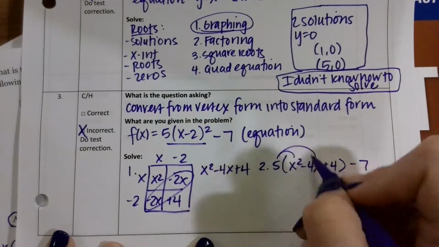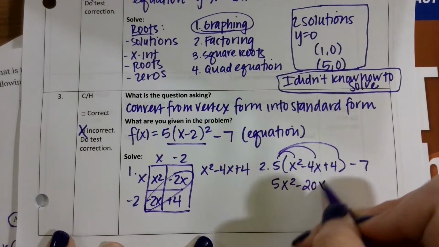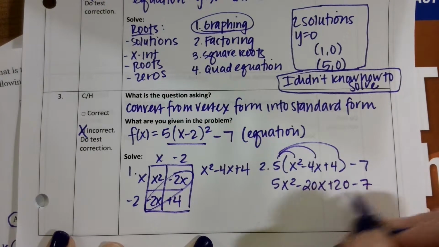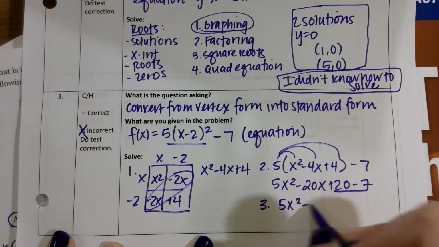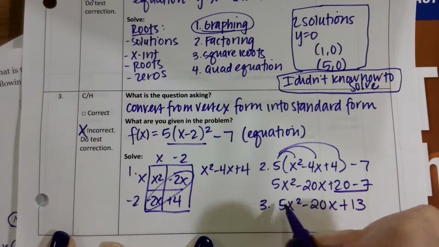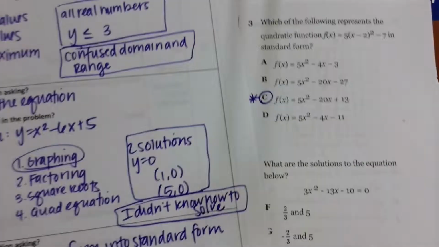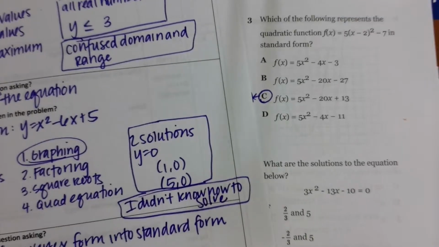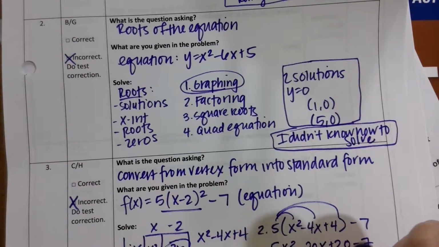What's my second step? Distribute that 5. 5x squared minus 20x plus 20 minus 7. Third step, CLT. 5x squared minus 20x plus 13 should be my answer, which is C.